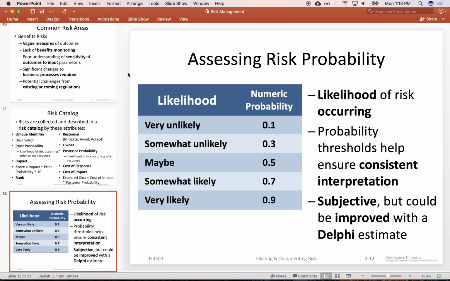So, assessing the probability. We mentioned earlier that we will have some measure, percentage-wise, of the probability of it actually happening. Is it 90%, very likely, or very unlikely, 10%, and anything in between? Again, this is very subjective, and you'll have multiple folks telling you different things.